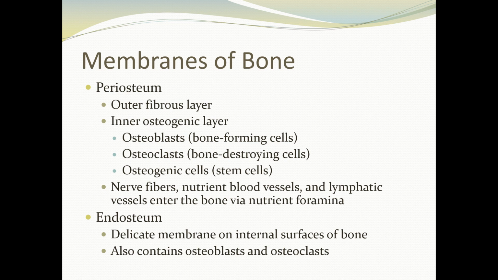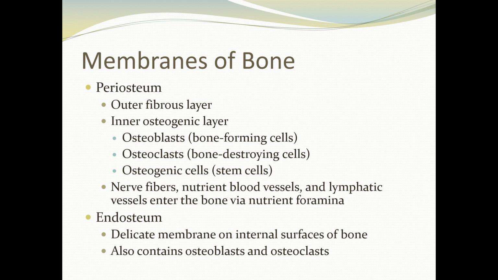The inner osteogenic layer helps form and remodel bone tissue. It includes osteoblasts, or bone-forming cells, osteoclasts, or bone-destroying cells, and osteogenic stem cells. The periosteum also allows the passage of nerve fibers, nutrient blood vessels, and lymphatic vessels to enter the bone via the nutrient foramina. Foramina means an opening.